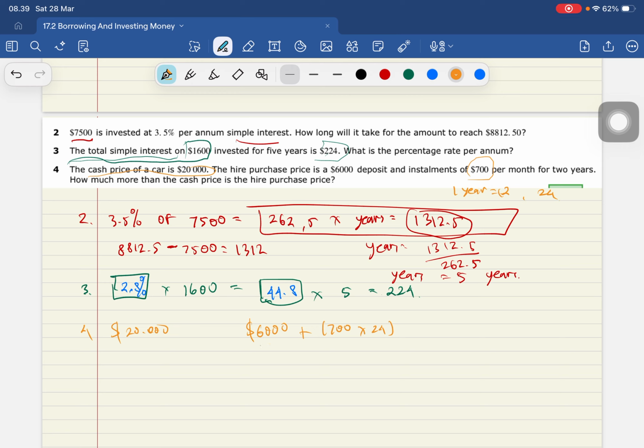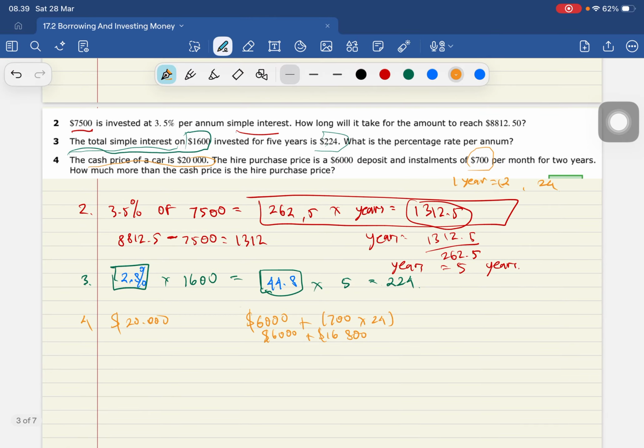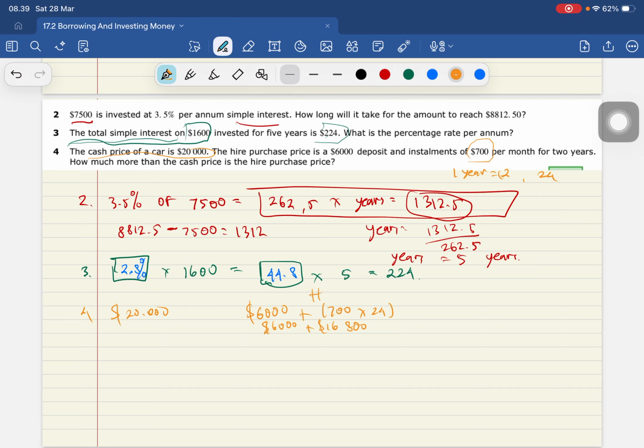So we multiply 700 by 24, which gives $16,800. Plus the 6,000, the total hire price is $22,800.